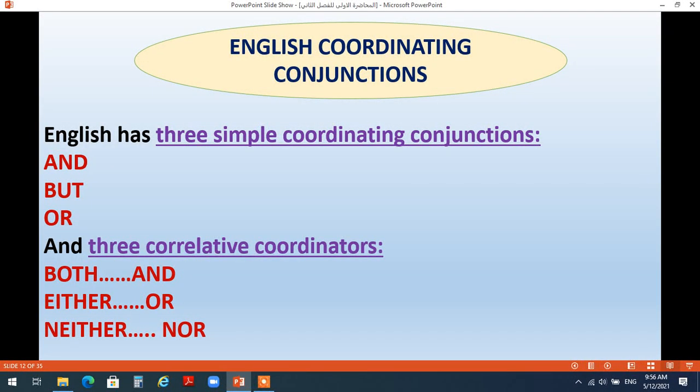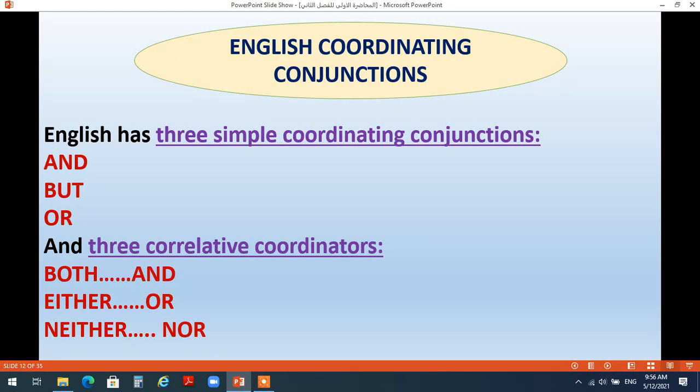Now we start with English coordinating conjunctions. Then we move to the Arabic coordinating conjunctions. So we can say that English has three simple coordinating conjunctions. إذن في اللغة الإنجليزية لدينا 3 أدوات ربط تناسقية بسيطة. ما هي هذه الأدوات الثلاثة؟ هي and, but, or.